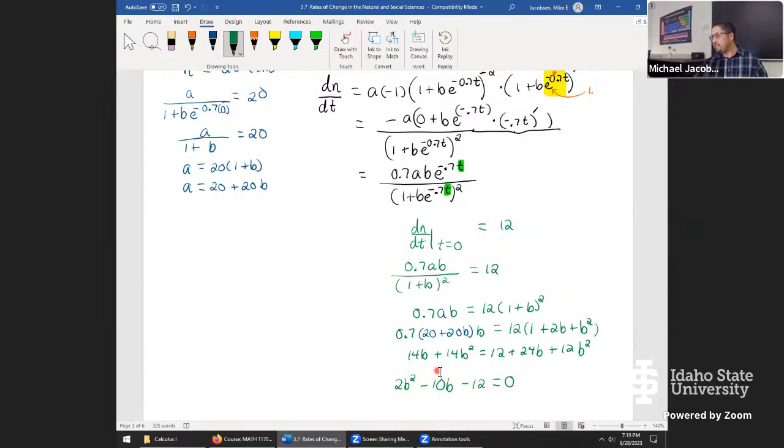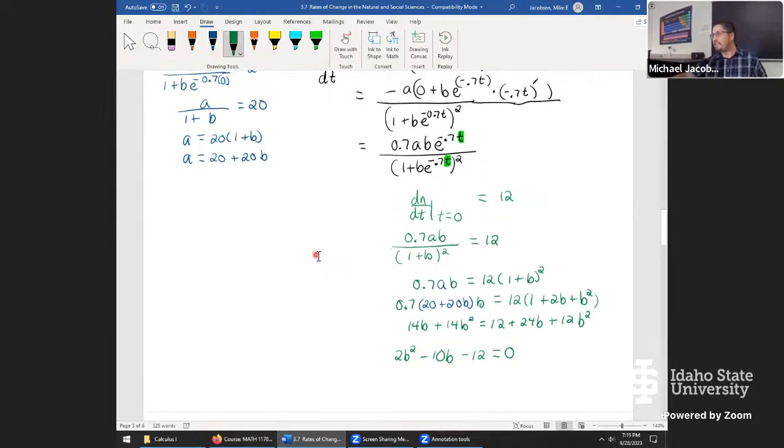Okay, well, this equation, again, you could factor it, but even this one, let's just divide the whole thing by 2. If you did that, you would get b squared minus 5b minus 6 equals 0. Then we can attempt to factor this thing. We can put a b here, and let's see, if it's a negative 6, our signs are mixed.